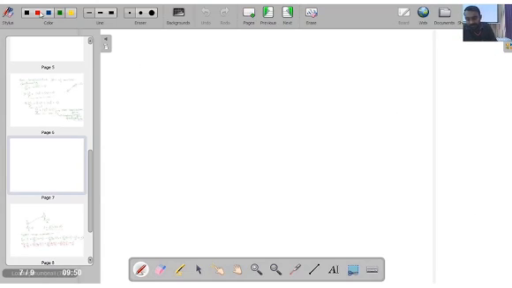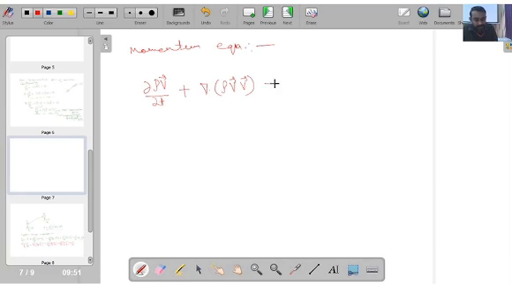Now let's try to see the momentum equation. Can you tell me what is the momentum equation in vector form for conservative? Del rho v vector by del t plus divergence of rho v vector times v vector equals minus gradient of p plus rho f vector. The same thing I will do over here.